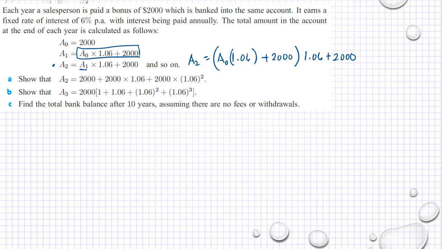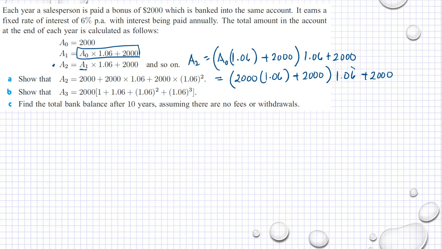Okay, but our A sub 0 is 2,000, so instead of putting A sub 0, I will put 2,000 multiplied by 1.06 plus 2,000, the whole in parentheses multiplied by 1.06, plus 2,000.